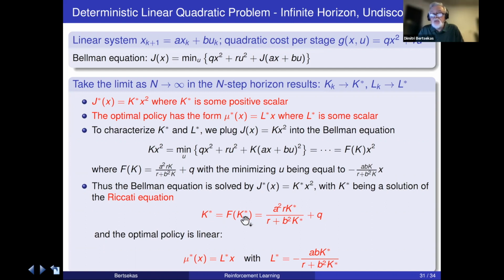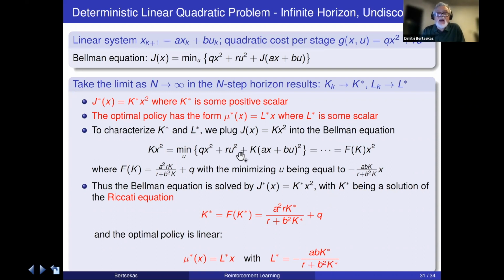It's a very famous equation in control theory. And when solved, it gives you the coefficient of the optimal cost function, this K star. And the second result is that the optimal policy is linear of this form, with L star being what you see here.